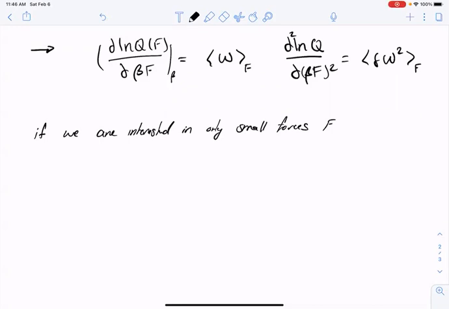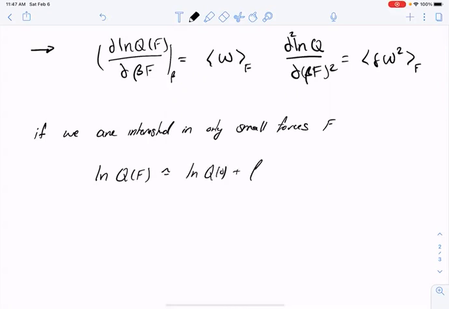we can get around being able to compute quantities in the presence of the force using our linear response relationships. So for example, if F is small, log of Q of F can be Taylor expanded. To 0th order, it would be log of Q of 0.